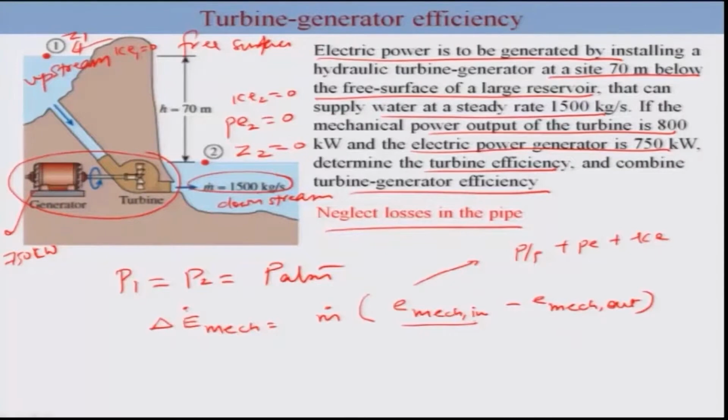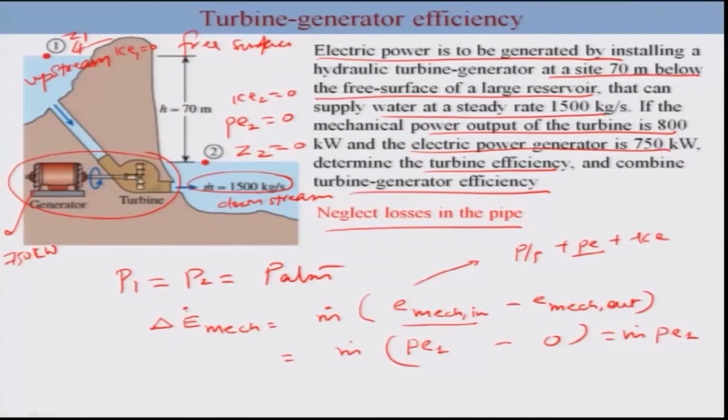Out is of course 2 and in is 1. So in this case, the mechanical energy in, we are going to consider only the potential energy part. So this will be simply PE1, and this is going to be 0 because PE2 is 0, KE2 is 0, and of course there is no flow energy. So this is nothing but m dot PE1.